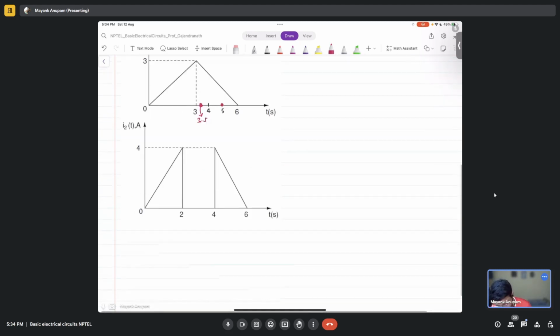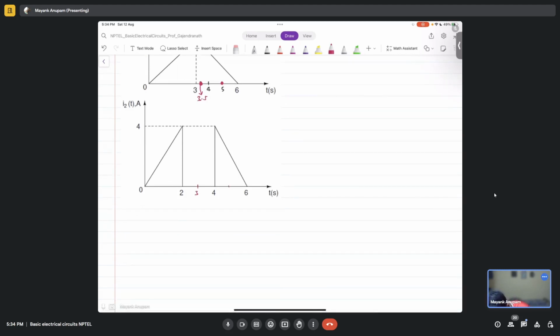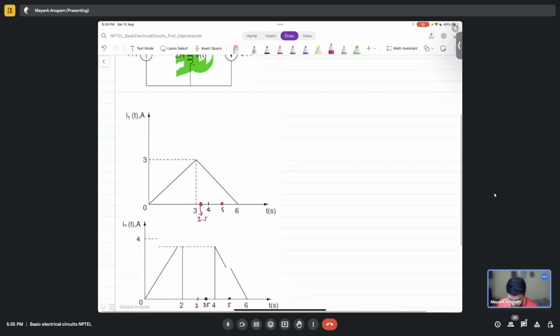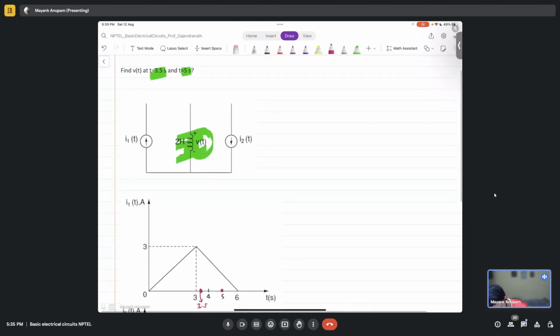Similarly, 2, and let's call this 3, and 4, and this is 5. So this is 3.5, this is 5. So you're told to find out the voltage v of t at 3.5 seconds and 5 seconds. So how will I solve this?